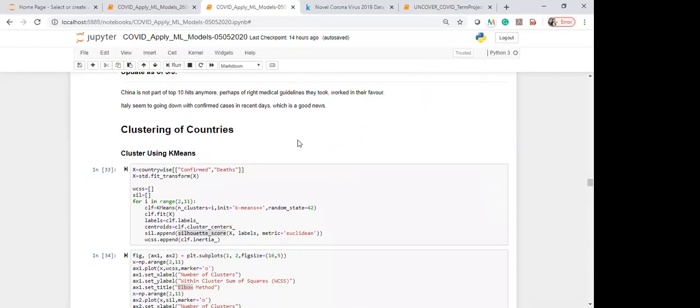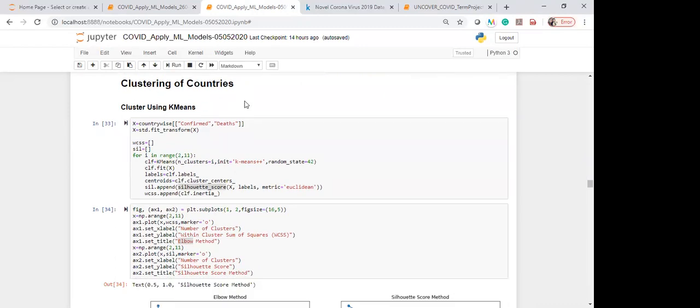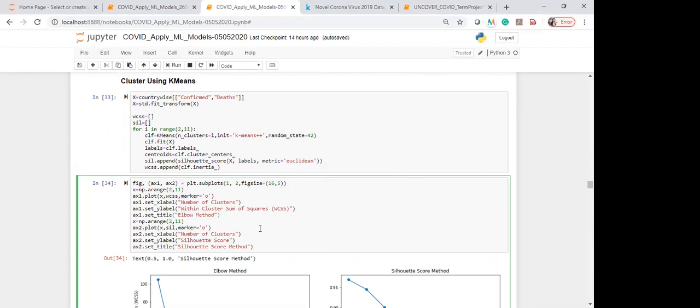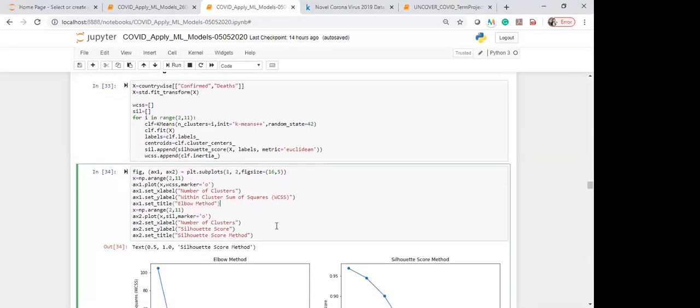And then coming to the ML methods, the clustering of countries, I wanted to group the countries who are at different levels of risk. As we see, there are 222 countries impacted by this.